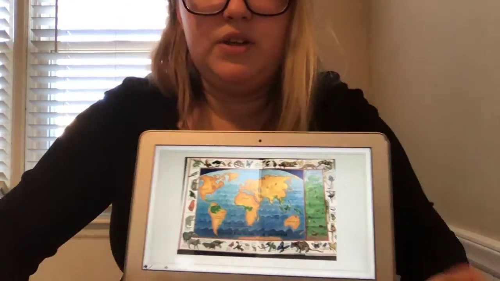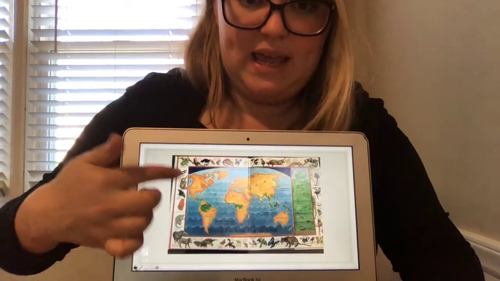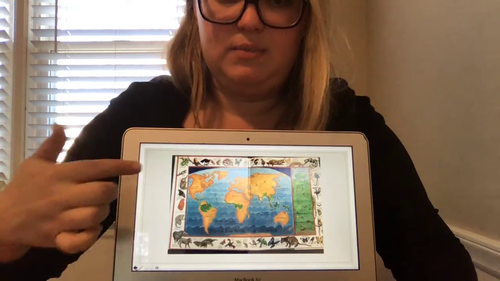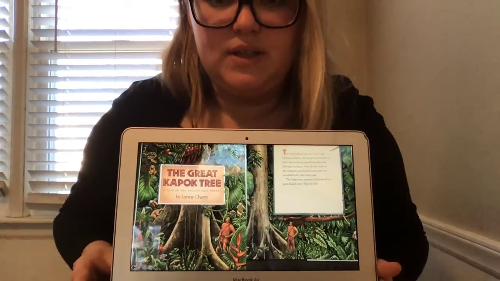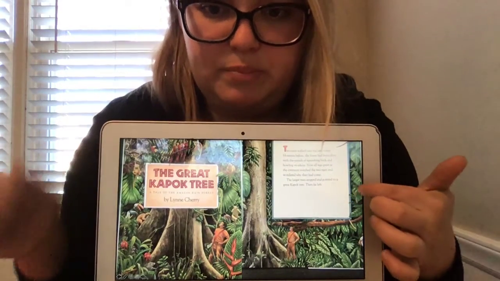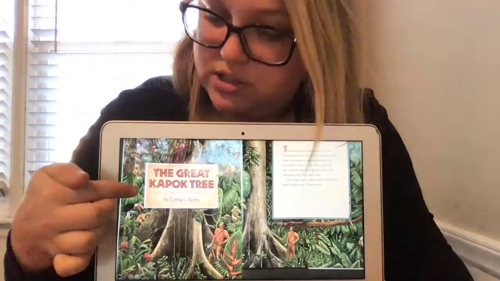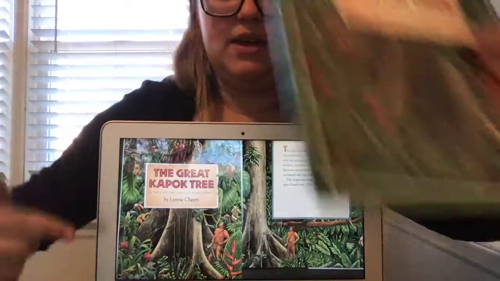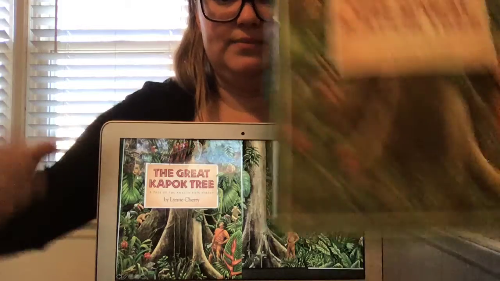So, when you start the PPT, I want you to see if you can name or remember any of these animals, okay? Now, the Great Kapok Tree. And see, I have the first page here. I put it next to the front cover because this is the cover, right?